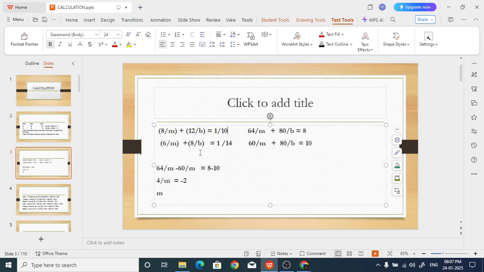Yes, now this we have multiplied by 8, which means this will become 96, and this will be 8 by 10. And this we multiply by 12. 12 times 6 is 72 here, and 12 times 8 is 96 here. And then here 12 by 14.